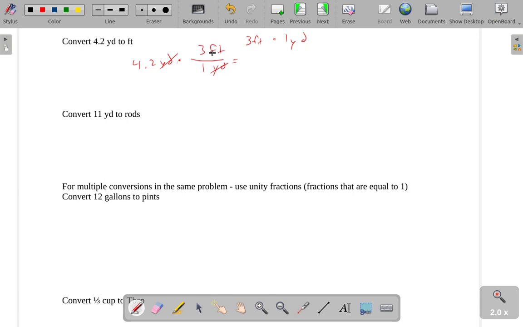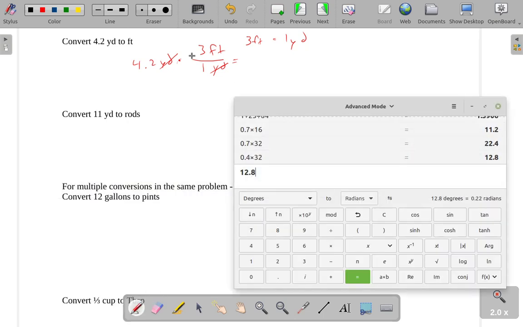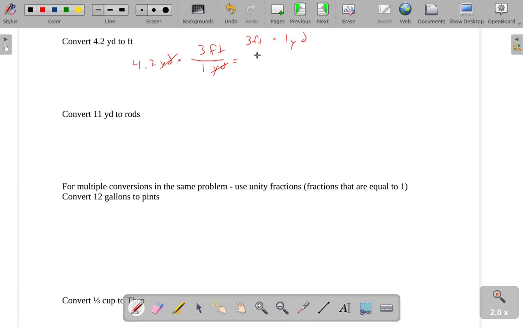And you can see this is where that multiplying by 3 comes from. 4.2 times 3 gives us 12.6. And this will be measured in feet, because that's the only units that were left over here. This is 12.6 feet.